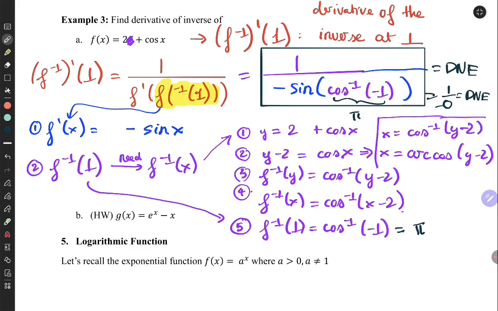At home, if you want to test yourself, do more, the actual problem is this. And it's from a textbook. Okay. Somewhere you have to solve for the inverse, which is y equals 2x plus cosine of x.